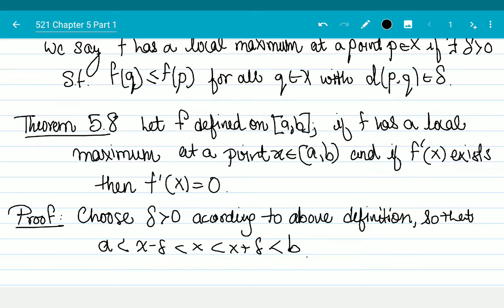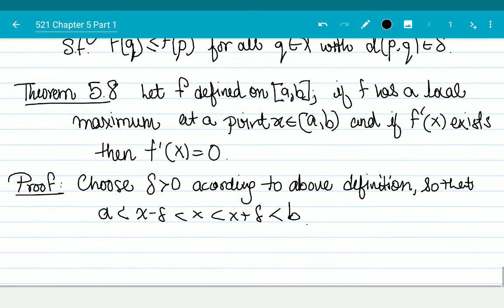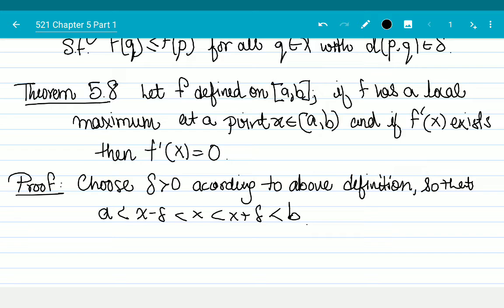Why can I choose such a delta? Well, suppose you found a delta 1 which satisfies the property of the definition, right? But either x plus delta is greater than b or x minus delta is smaller than a. Well, take a smaller delta, right? If it works for a bigger delta, then it works for every smaller delta. Okay? So take it smaller and smaller till you are inside (a, b).